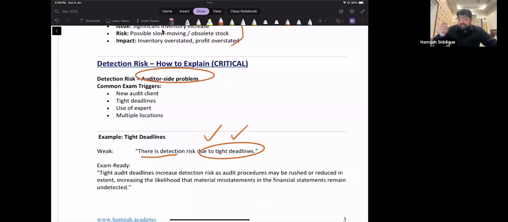Now the explanation of how this is audit risk, how this is detection risk: tight deadline increases detection risk as auditor procedures may be rushed or reduced in extent, increasing the likelihood that material misstatements remain undetected. How well explained. How this is a risk, how it is affecting the audit.